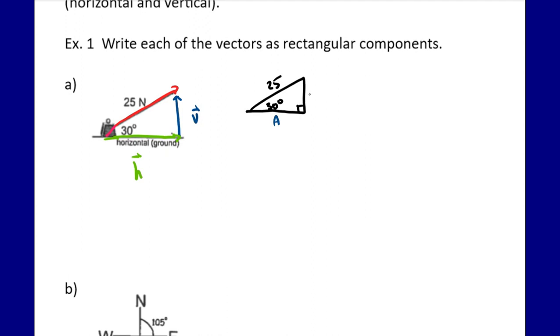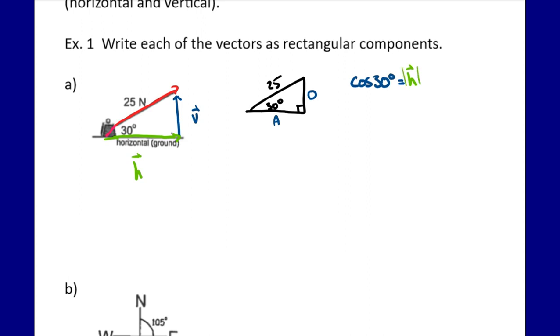This would be the adjacent. This would be the opposite. So for my horizontal side, or the adjacent, I would have to use adjacent and hypotenuse, which is cosine. So I have cosine 30 degrees is equal to adjacent, which I'm going to call my H component.